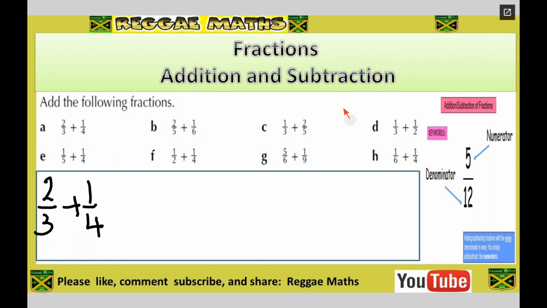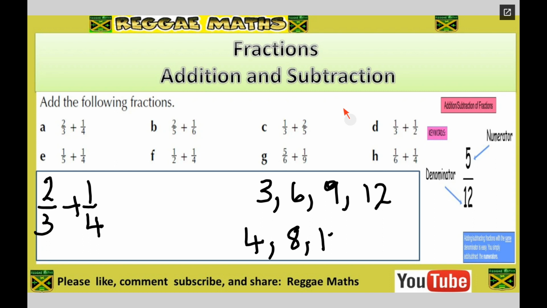So if I list the multiples for 3, we've got 3, 6, 9, 12. For 4, we've got 4, 8, 12, 16. So you can see here the lowest common denominator for 3 and 4 is 12.